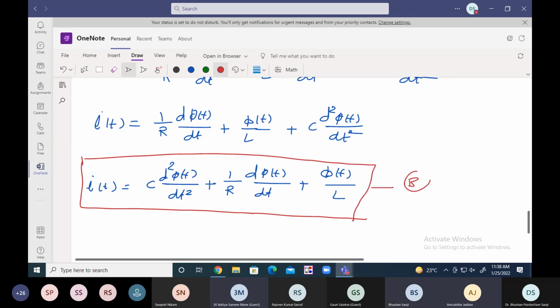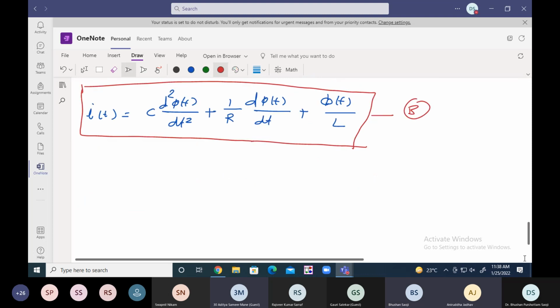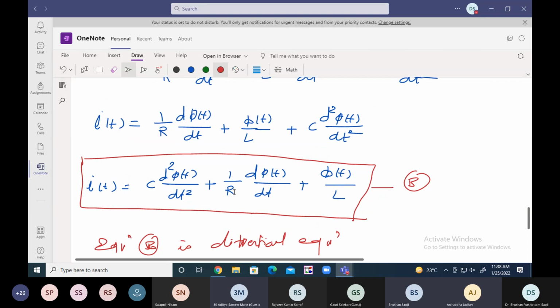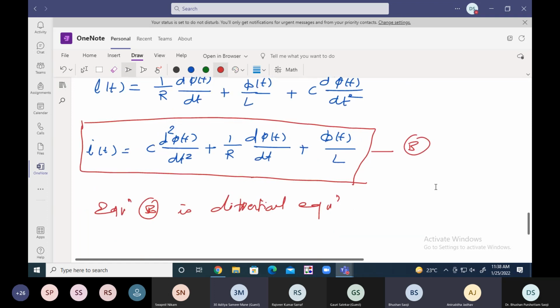This is equation B, and equation B is a differential equation: C into d square phi t by dt square plus 1 by r into d phi t by dt plus phi t by L. That is nothing but our differential equation.